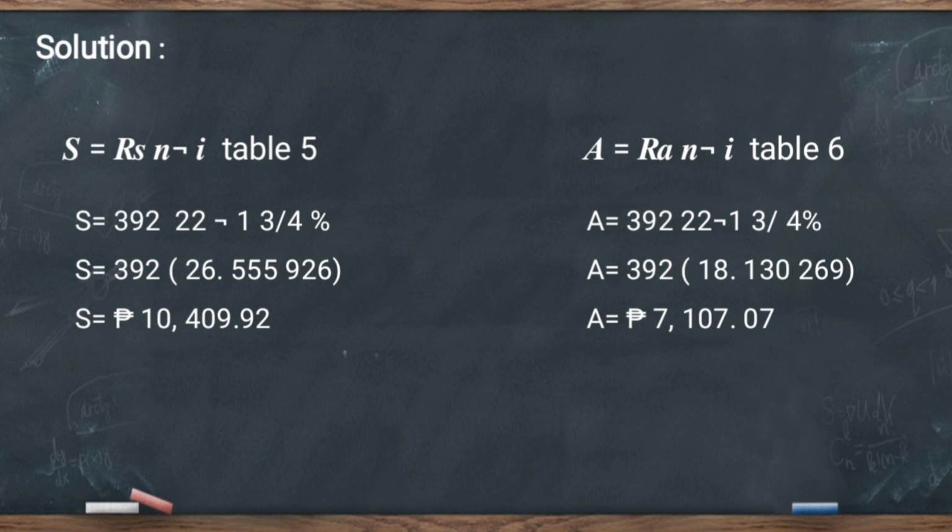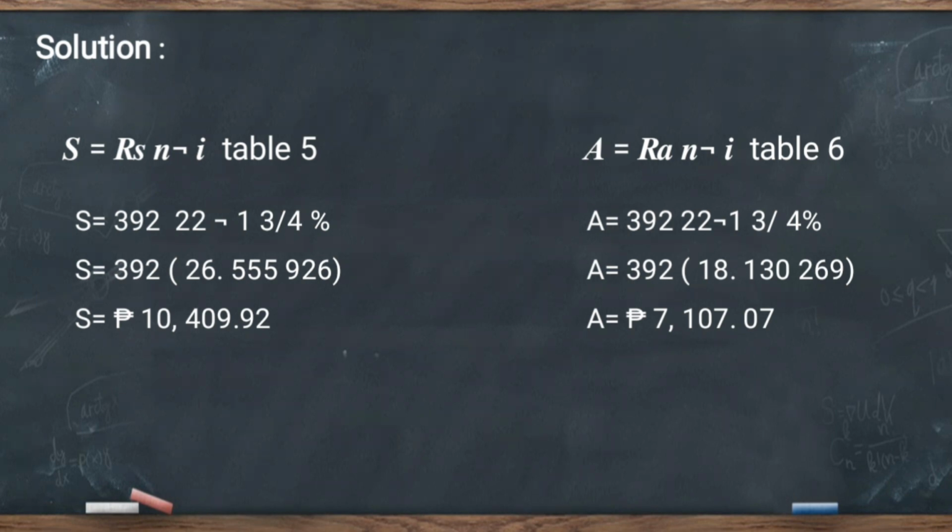For R, we have 392. For n, we have 22. And for i, we have 1 and 3/4%. Let us then determine the equivalent value of our A angle n and i, which is 22 and 1 and 3/4%.